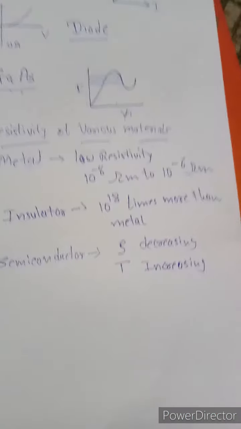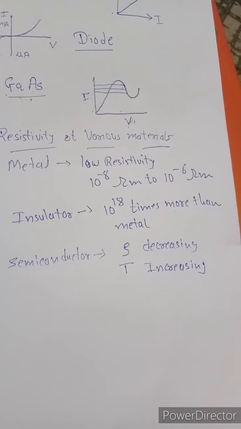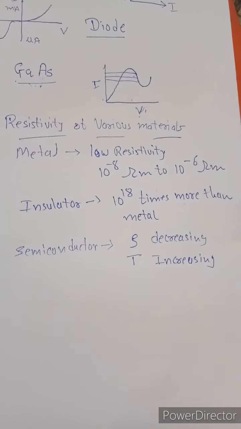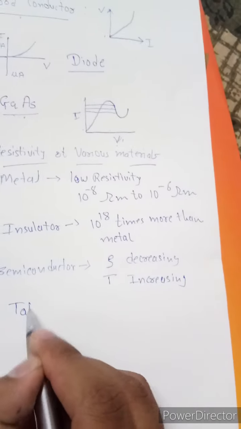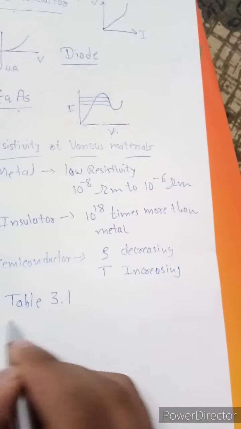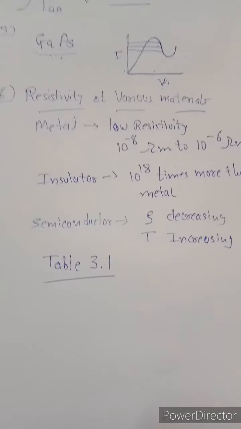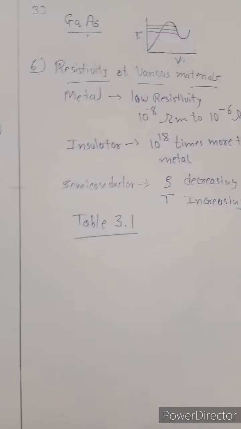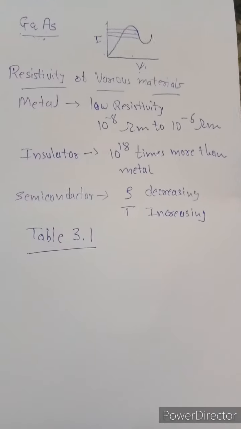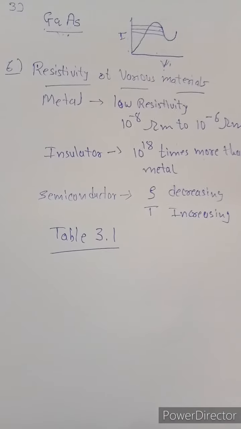While increasing the temperature, resistivity of the semiconductor materials is characteristically decreasing, and you can see the values in the book, table 3.1. Right now I don't have any book to show these values. You can directly see them in your textbook. Okay, so these three things you have to remember for metal, insulator and semiconductor.